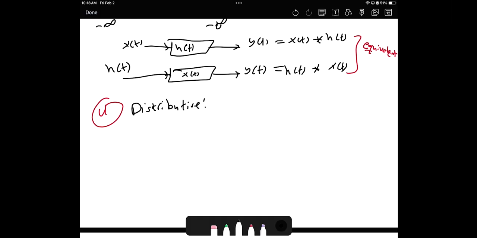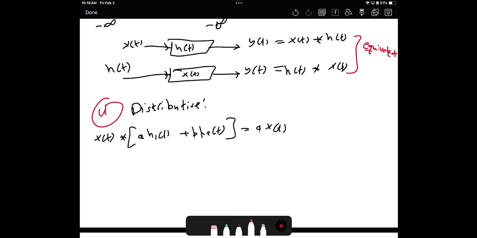Whenever I have x of t convolved with a h1 of t plus b h2 of t, using the distributive property, you can just make the convolution for both sides, like what you do in multiplication.